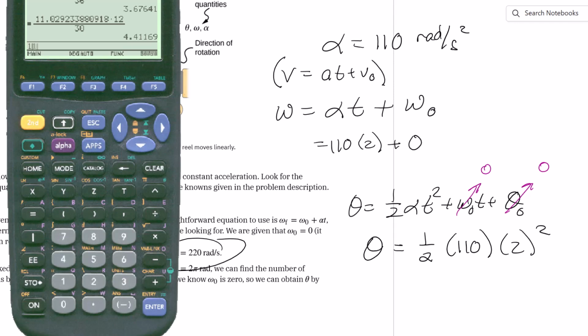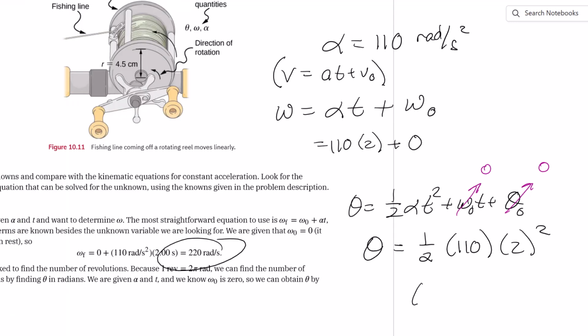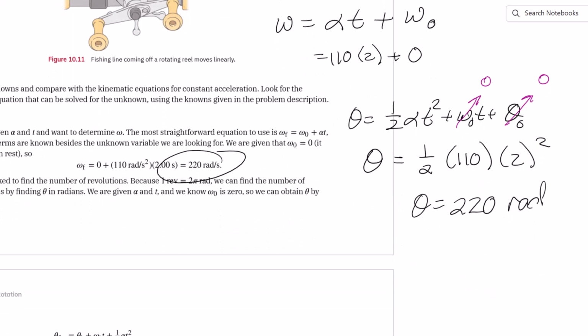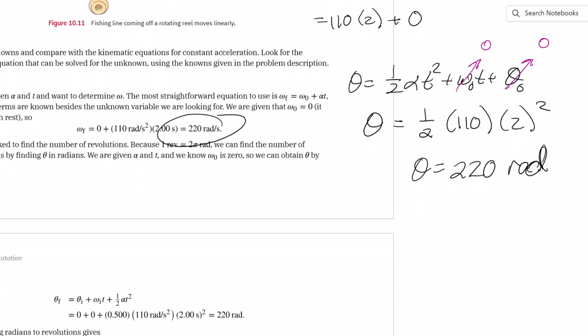So we have 110 t squared divided by 2. I guess I probably could have done that in my head. It's 220 again. Thank you for giving us the same number twice. That's really, really nice. 220. So this is 220 radians, and it asks for how many revolutions.